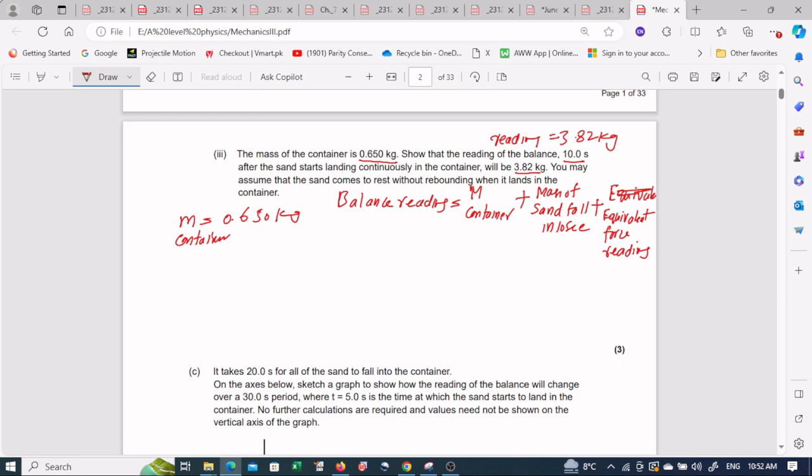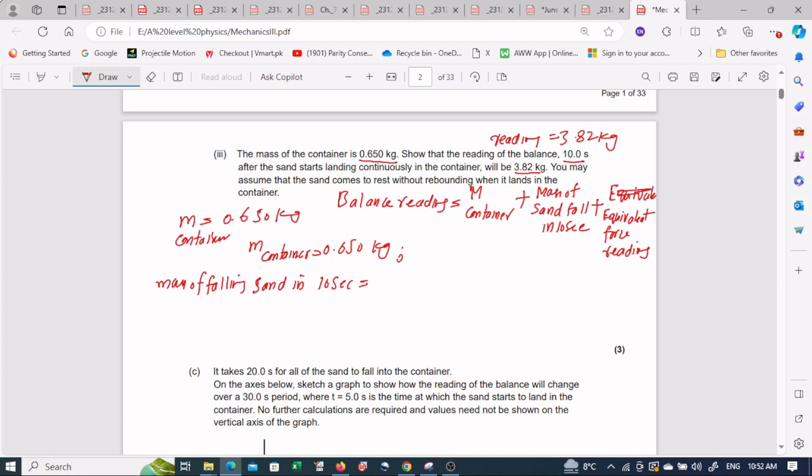First of all, the mass of the container is given in the question, that is 0.650 kilogram. Next, we need to find the mass of falling sand in 10 seconds.